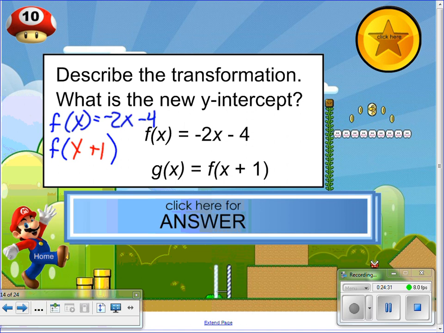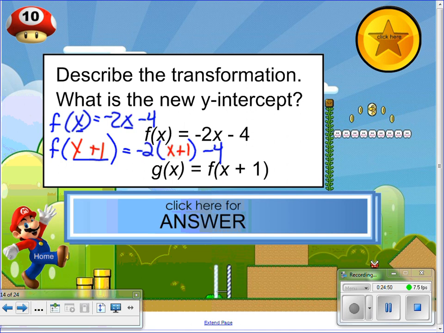Instead of x, we're going to have x plus 1. So instead of negative 2 times x minus 4, we're going to have negative 2 times x plus 1 minus 4. And then we're going to evaluate it.